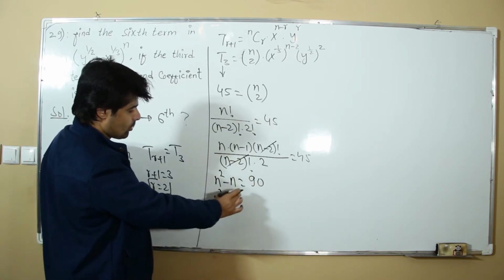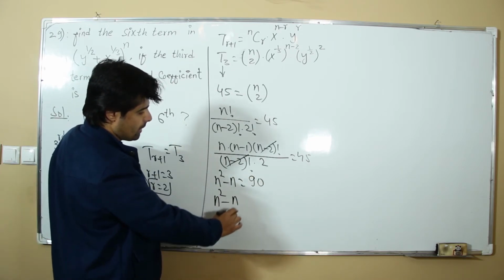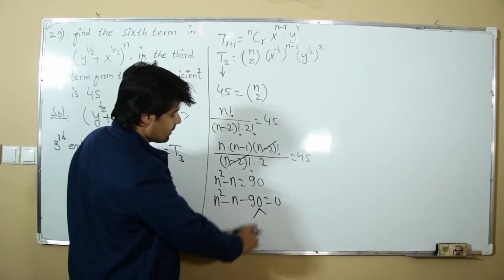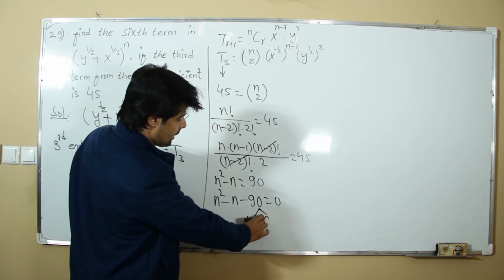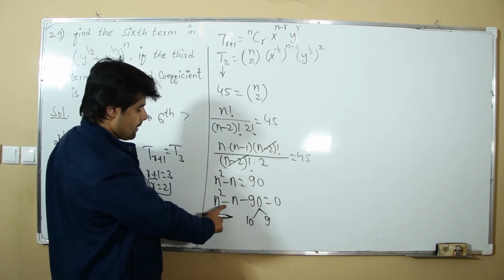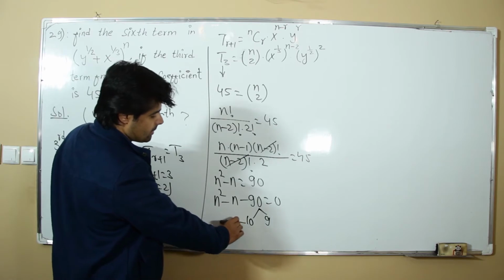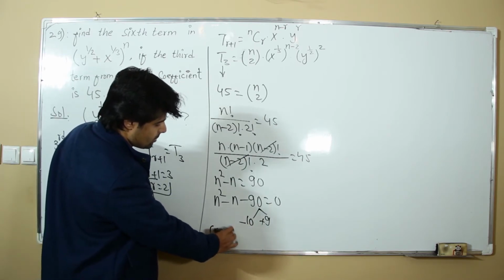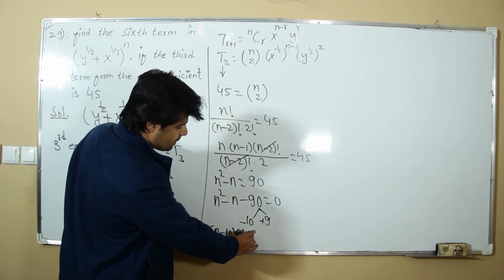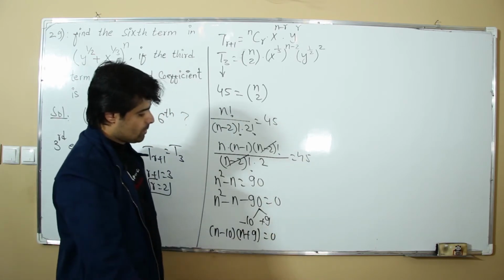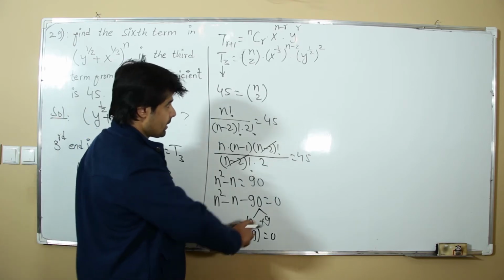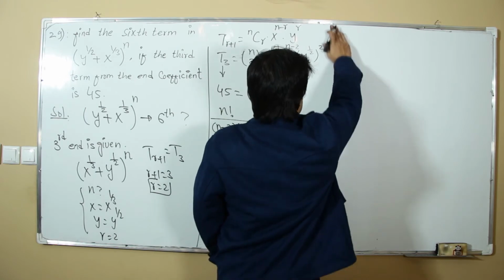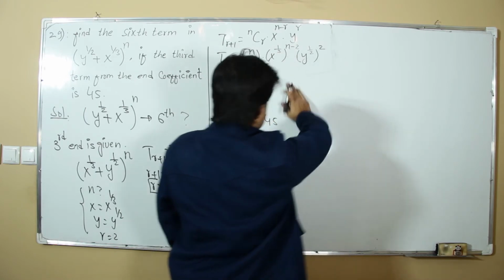So it's a quadratic equation: n squared minus n minus 90 equals 0. For 90, the factors are 10 and 9. The greater is minus, the smaller is plus. So you have two brackets: (n minus 10)(n plus 9) equals 0. The multiplication of two brackets is 0 if at least one of them is 0.